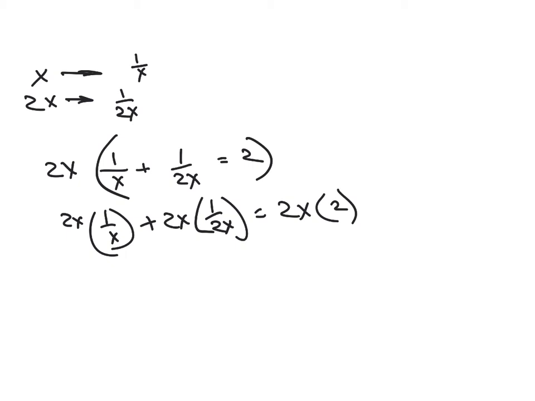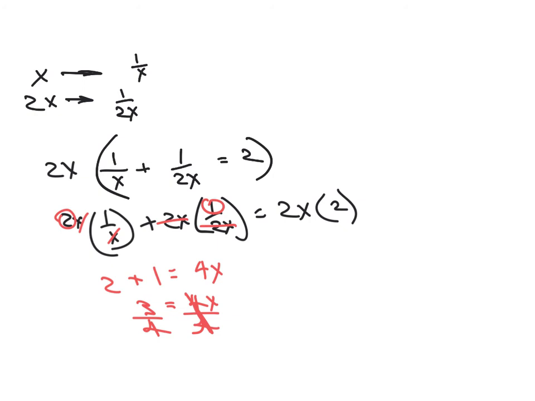No quadratics here, so we can cancel, and we get 4x there. We have 2, because that one didn't cancel, plus 1 equals 4x. So 3 equals 4x, divide by 4, and we get 3/4 for x.